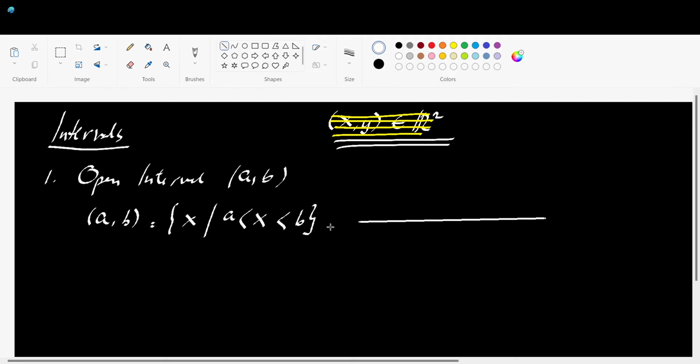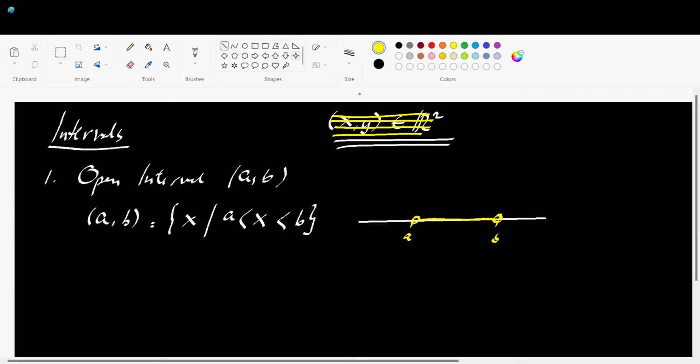In the number line, we have the numbers a and b. So all numbers in between, we have to exclude the endpoints. So we use a hollow circle, an open circle there. So all numbers between a and b except the endpoints. That is the open interval.